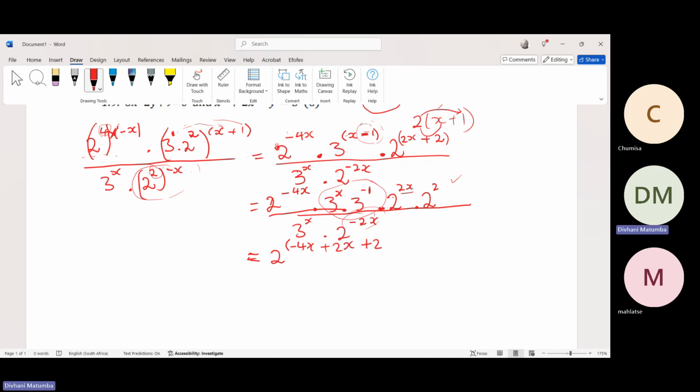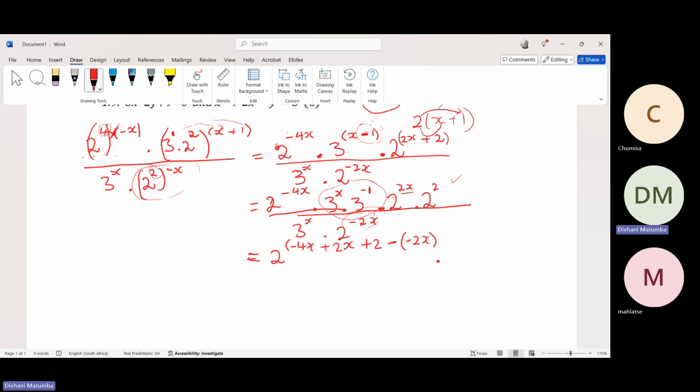Mahlatsi, how do we deal with an exponent which is part of the denominator? If you go back to your notes, you have to give it a minus. Minus whatever exponents you're gonna get. Do we all agree? Yes, sir.